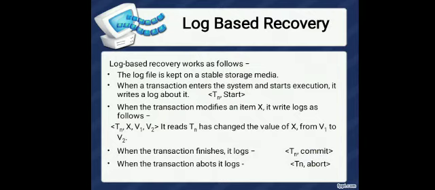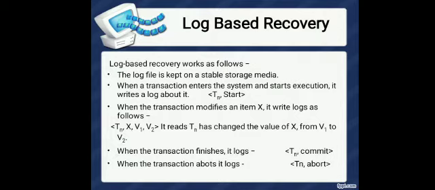Tn comma start: when a transaction enters the system and starts the execution process, it writes a log in the form of Tn comma start. Next, when the transaction modifies an item X, it writes a log in the form of Tn comma X comma V1 comma V2.